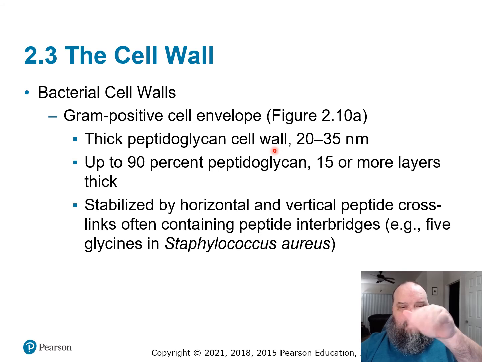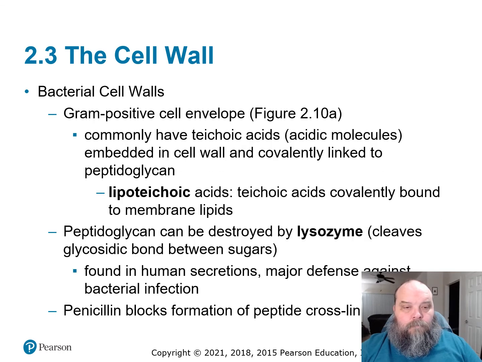But the problem is, it can bend, it can curl. So what do you do? Well, you just start layering. You start layering them 15 or more layers thick. And then you anchor the layers together.